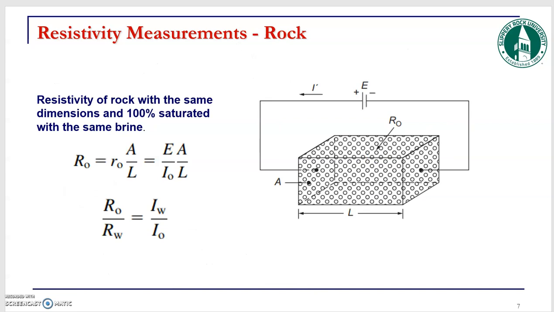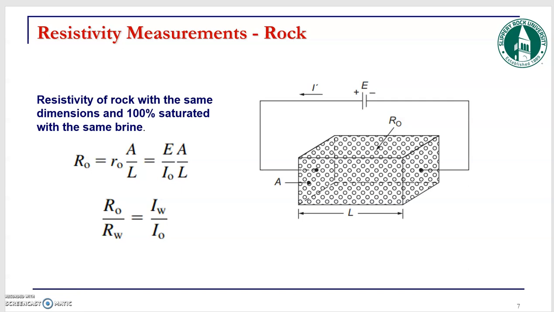Another concept is, now just assume that instead of that bucket of water, you have a sample of rock, and this sample of rock has some porosity, and within those pores you have 100% water, 100% brine, the same brine that we just talked about in the previous slide.